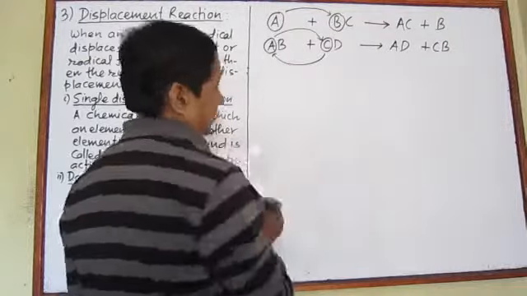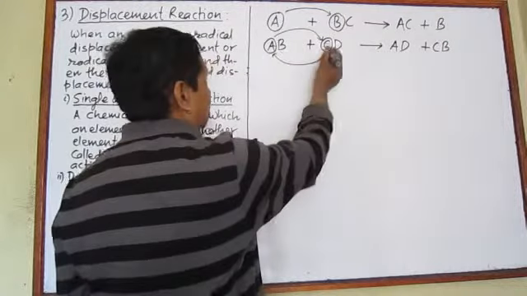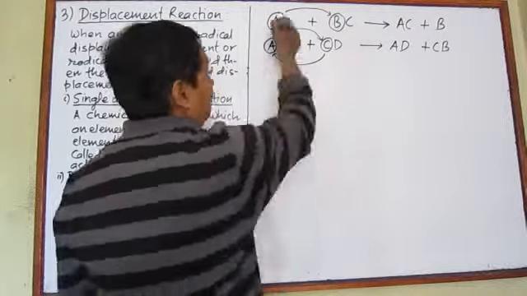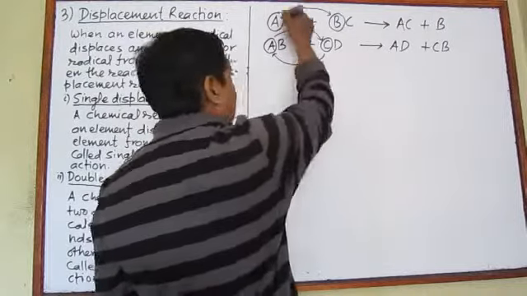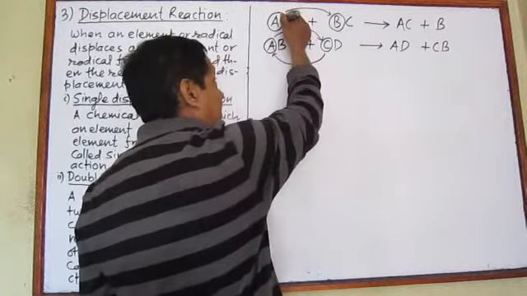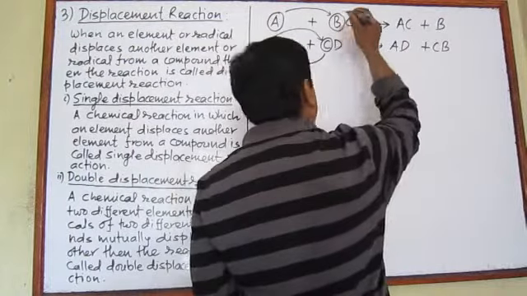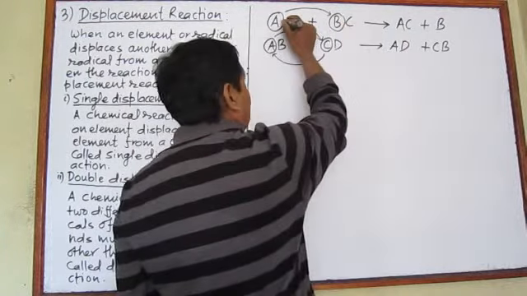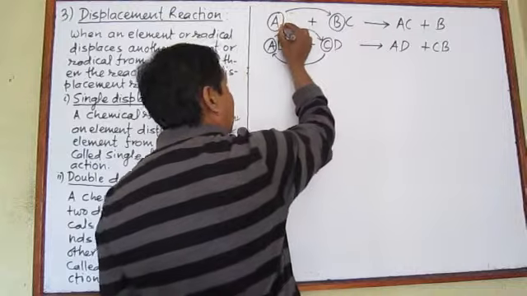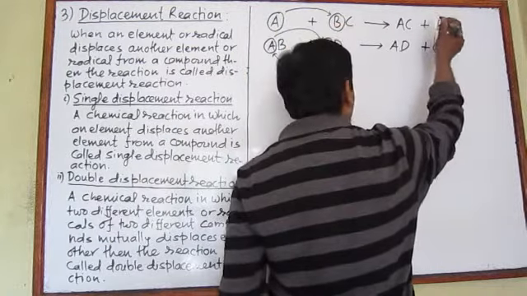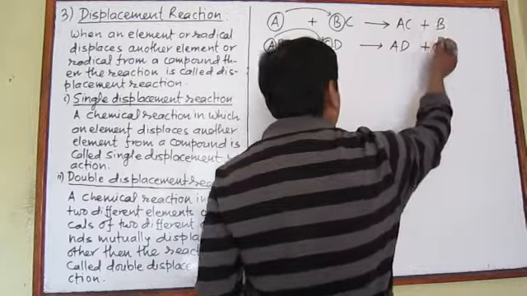In this reaction, A and B, C and D, anyone may be a radical or element, but in the single displacement example, A can never be a radical, it is an element, and B also can never be a radical, it is an element, because it becomes free and has free existence, so it must be an element, not a radical. A radical never has free existence.